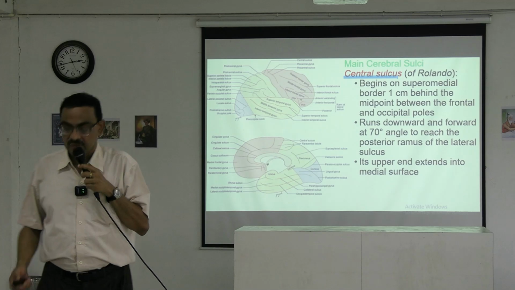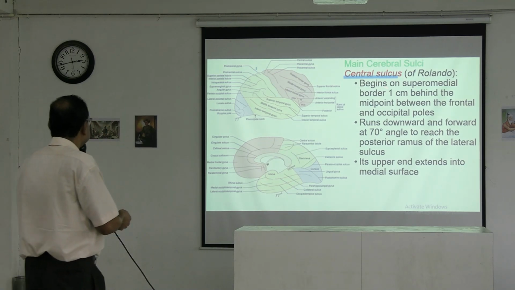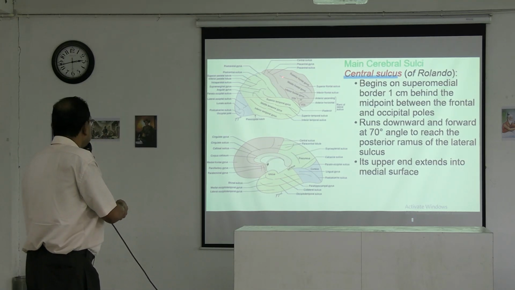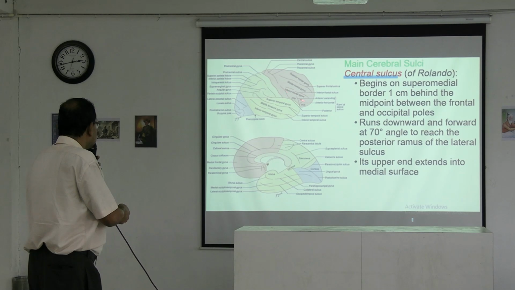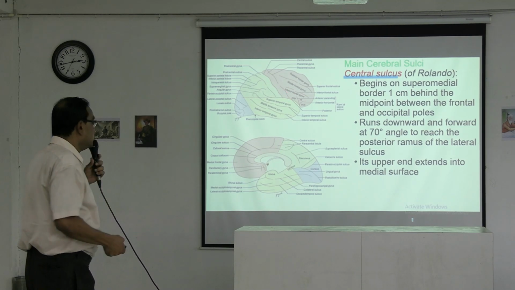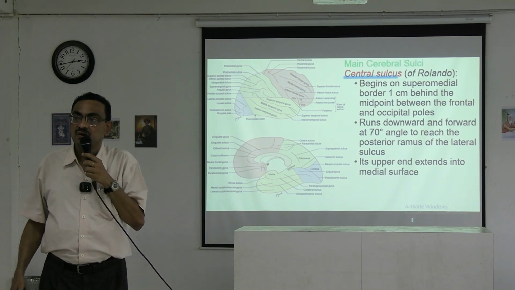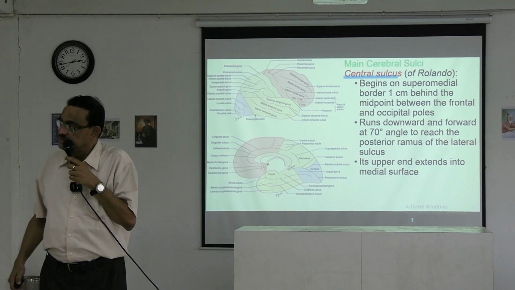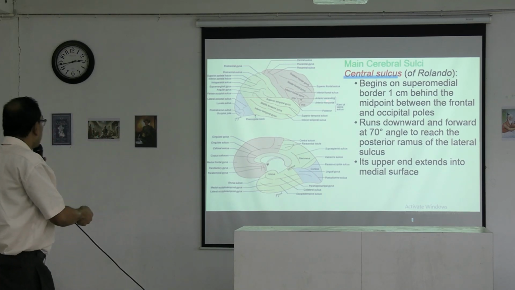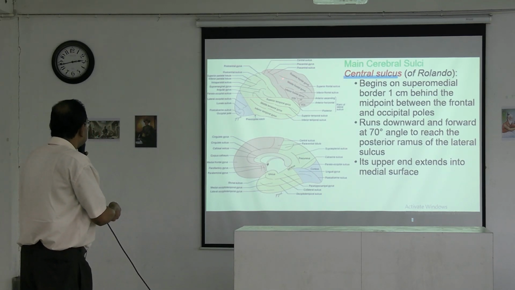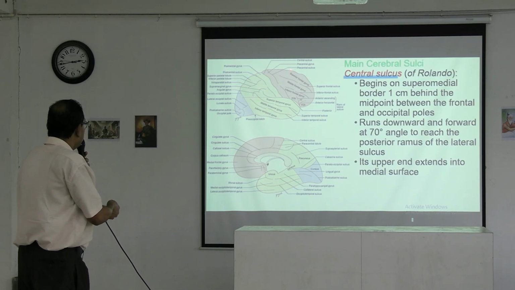Here, if we can identify these sulci, then we can also identify them in the specimen. So there are two sulci present within the frontal lobe. One is above and one is below.